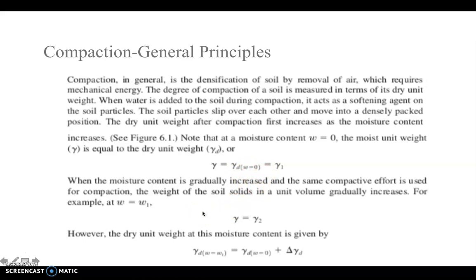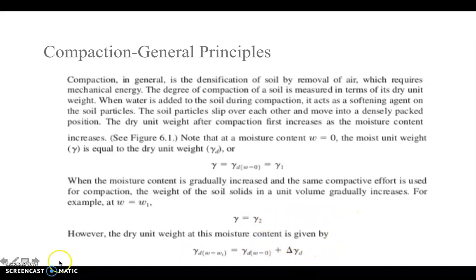And when the moisture content is gradually increased, if the same compactive effort is used for compaction, the unit weight, or the weight of the soil solid in a unit volume, gradually increases.